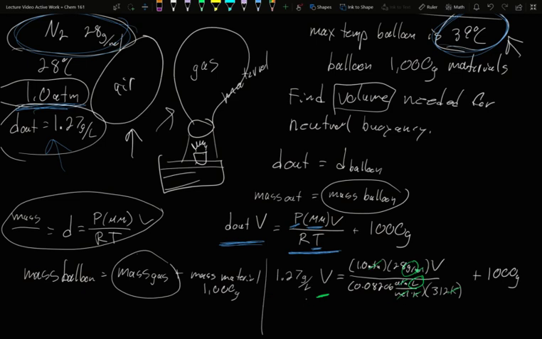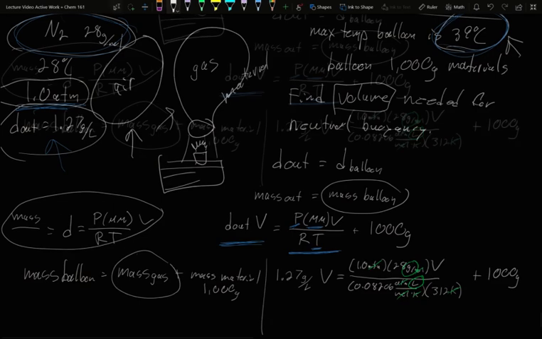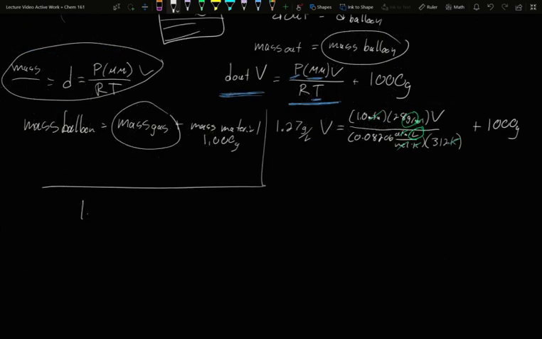And so we indeed have density on both sides. We just had to solve it for the inside of the balloon. Well, this is going to give us 1.27 grams per liter times volume equals 1.093 grams per liter times volume plus 1,000 grams.